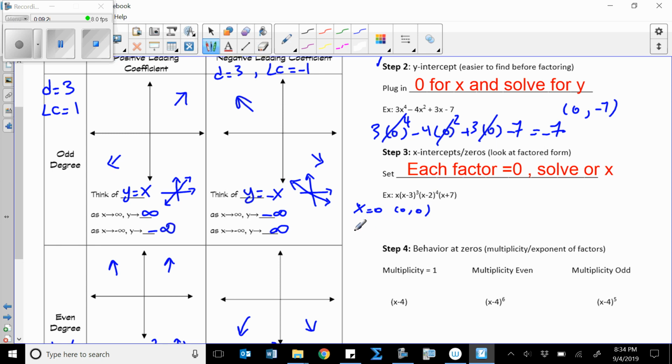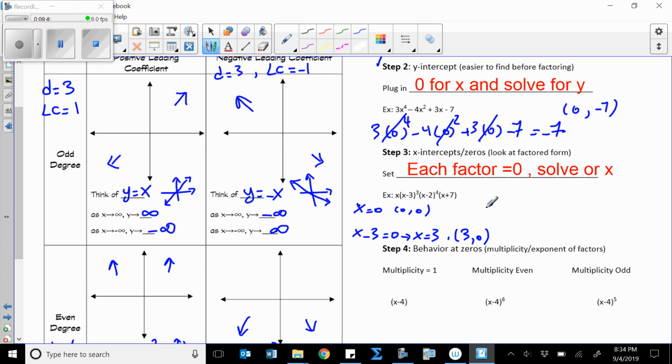The next one is x minus 3. I set the factor equal to 0 regardless of the power. I'll just take care of the factor and set that equal to 0. From here, x is equal to 3. Then my x-intercept will be 3 and 0.